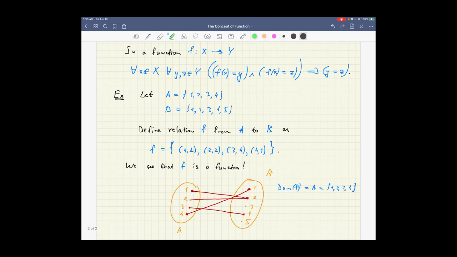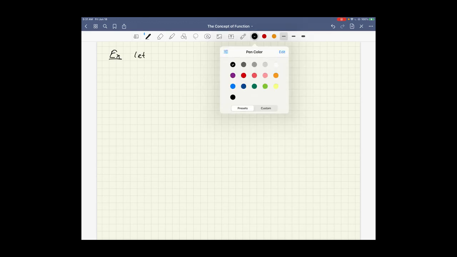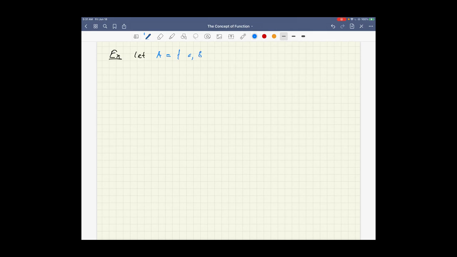Now let's look at another example. In the previous example, f was a function. Here's another example. In this example, we again introduce two sets, A and B. A is the set {a, b, c, d, e}, and B is the set {1, 2, 3}.